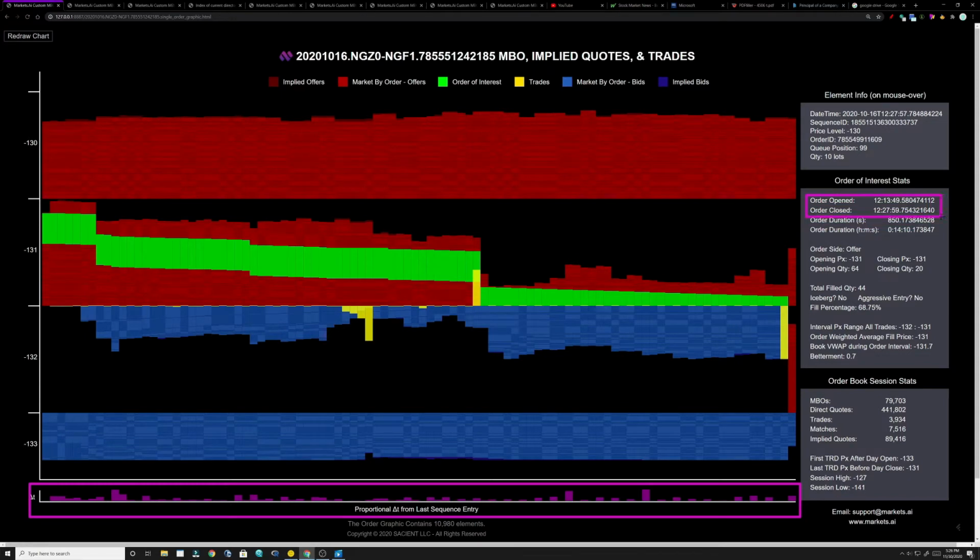It opened at 12:13, which is an interesting time of day to select. So by putting it on during the midday when the liquidity is low, you can effectively reduce your queue position. So we saw here, in looking at the first entry, when it was brand new, it was 130 lots behind.